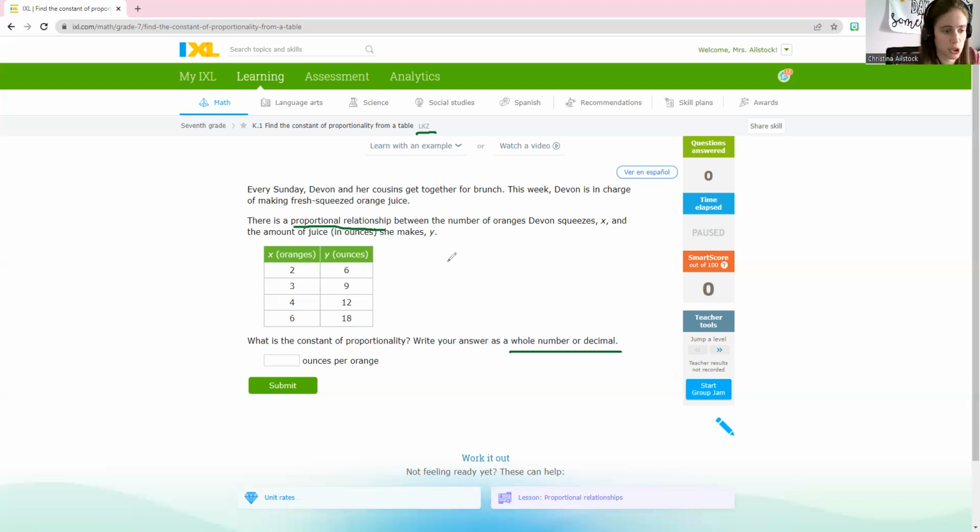So our constant of proportionality, our k, we can find by taking our y value, which in this case is ounces, and dividing that by our x value, which is oranges. If we just want to use the first line in that table, we can.